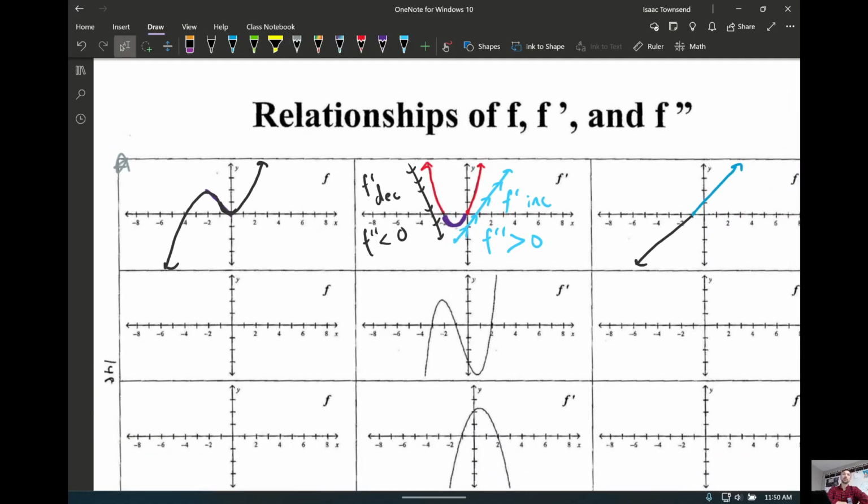That's what we're aiming for. Once again, I'm not going to dwell on this too much, but I don't know this y value and I don't know this y value. There's not enough information for me to know these. But it's increasing at the right time, decreasing at the right time, increasing at the right time. Concavity is correct, concavity is correct. So that's as close as it's going to get.